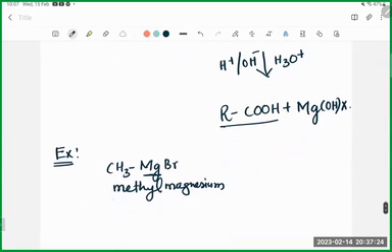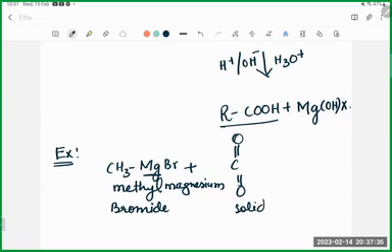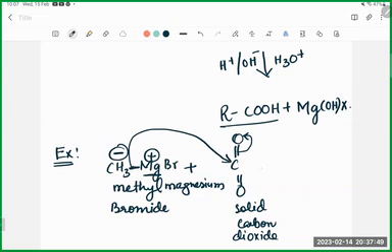This compound will be treated with carbon dioxide, solid carbon dioxide, which is dry ice. What will it produce? The bond is shifting over here, right? This bond cleaves, this gets the positive, this gets the negative, this goes over here, attack. Correct, Hridaya? And this pair gets an extra pair.